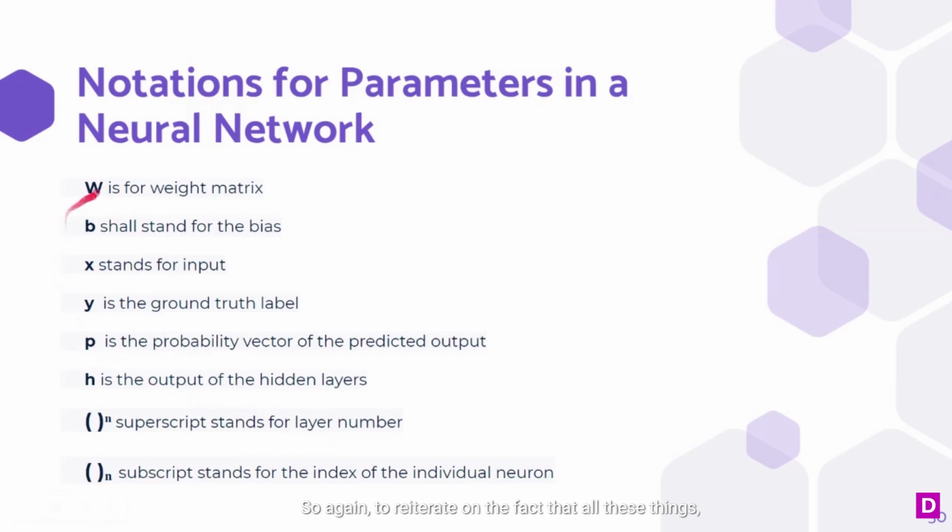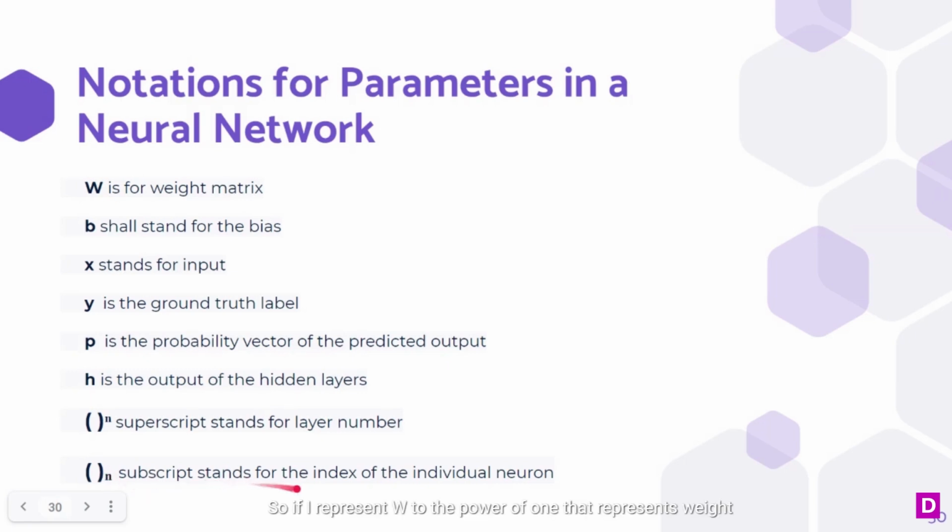Again, to reiterate, all these notations are represented as matrices unless we have a subscript or a superscript for them. So what would the subscript and superscript represent? We'll make those ground rules here itself. A superscript on any of these notations stands for a layer number.